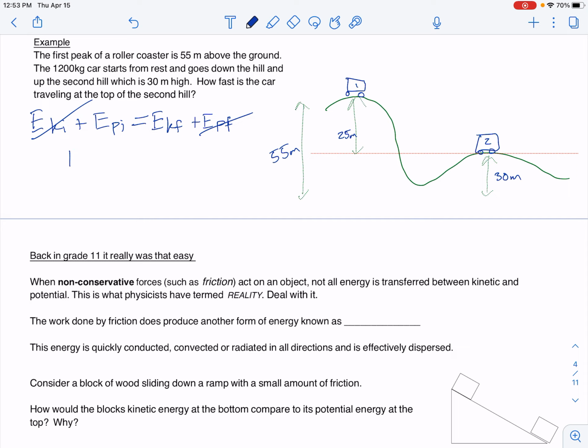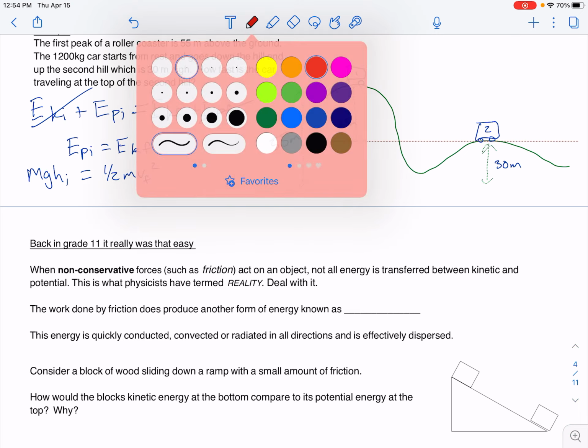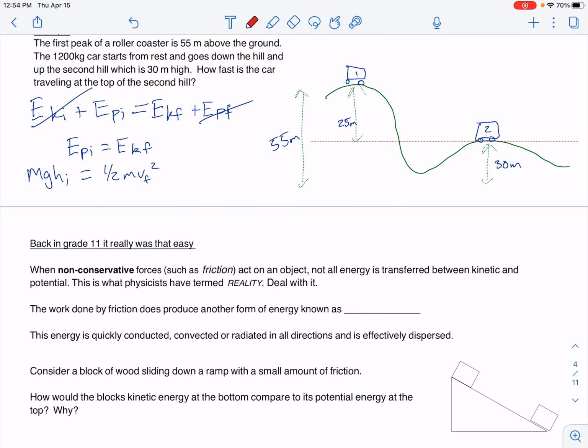What that means is that our initial potential equals our final kinetic. Expanding it out, our initial mgh equals 1/2 mass times velocity squared. Before plugging anything in, we can simplify this. We see that our masses cancel, and then we are solving for final velocity.